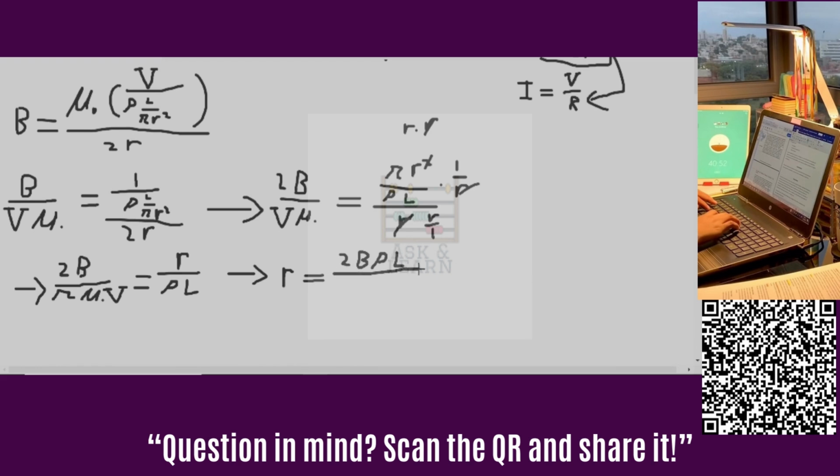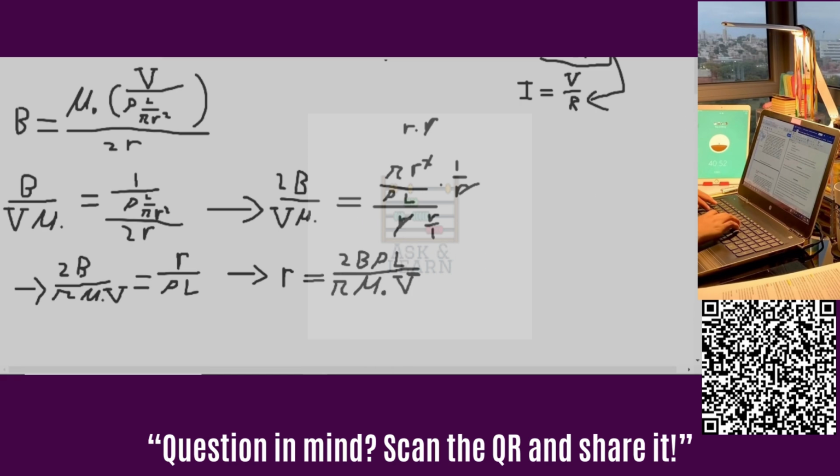All of that divided by everything we have here. We have pi times mu naught times the voltage. And this is the radius.